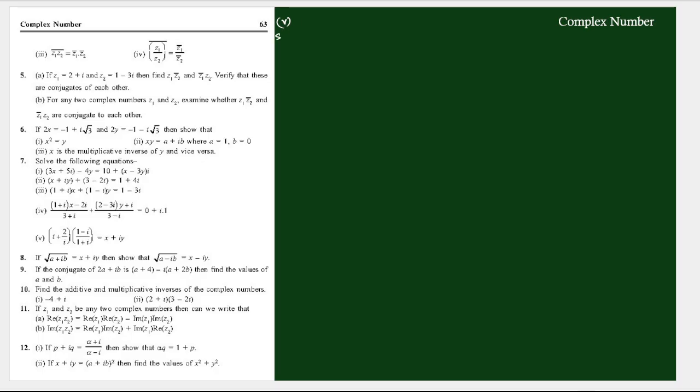Okay, what is 5? i plus 2 by i, 1 minus i, 1 plus i, x plus iy. Here, what can we do?